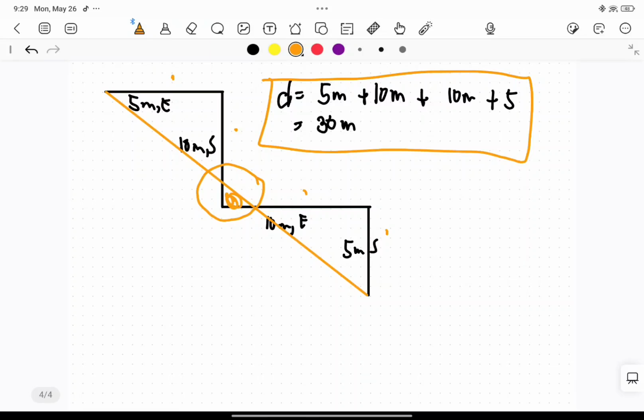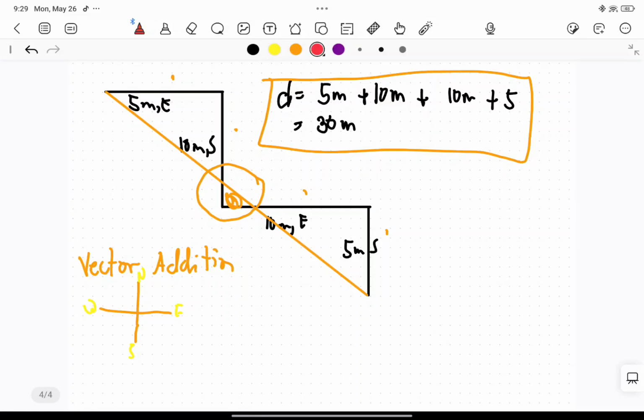To do that, we're going to use vector addition. Vector addition is simply addition of these magnitudes, but this time we are going to consider their directions. We have learned that we have 4 cardinal directions, namely north, east, west, and south.